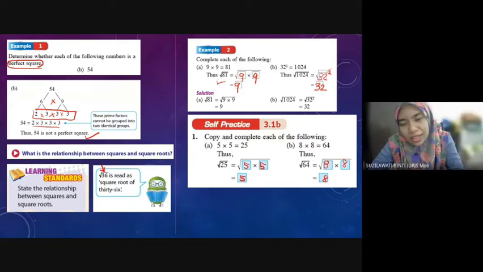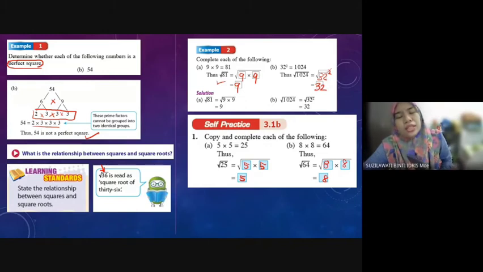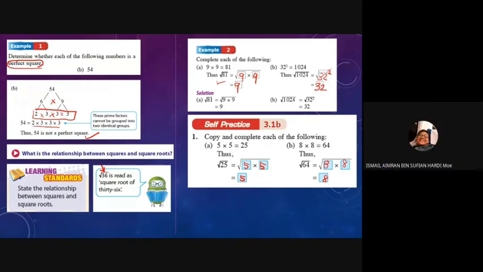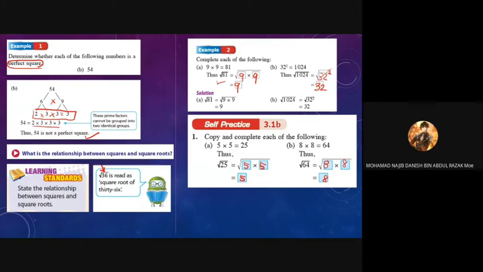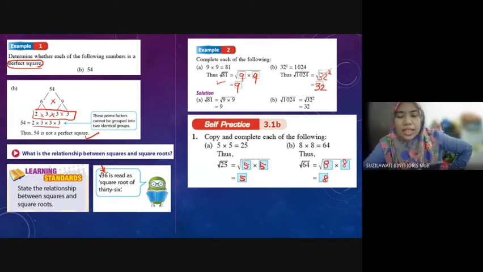Done? Alright. What answer do you see on your screen? 5. Okay, so square root of 25 is equal to 5.